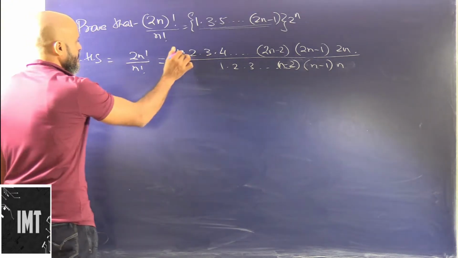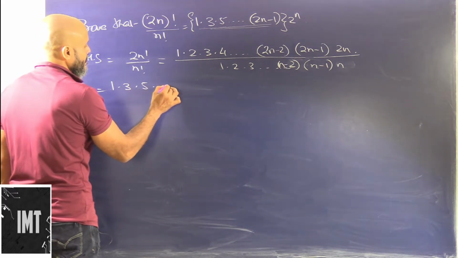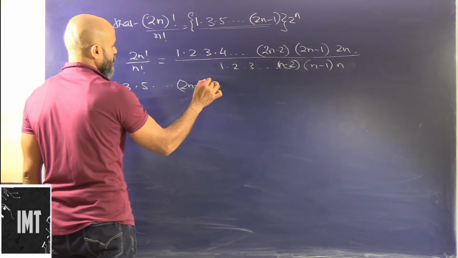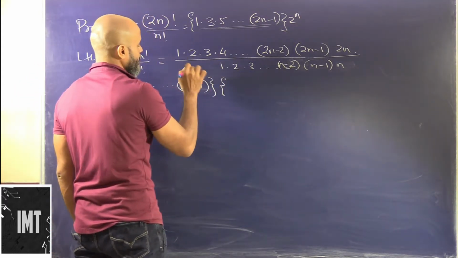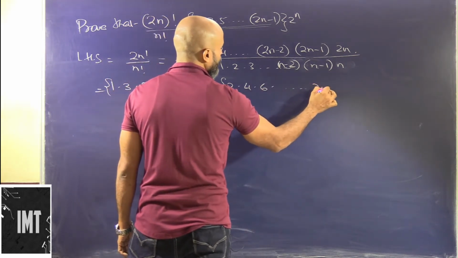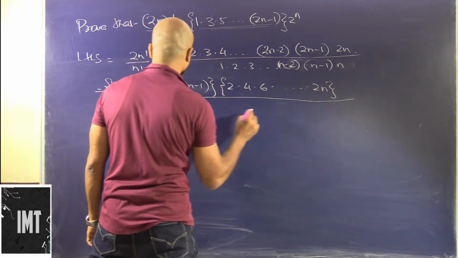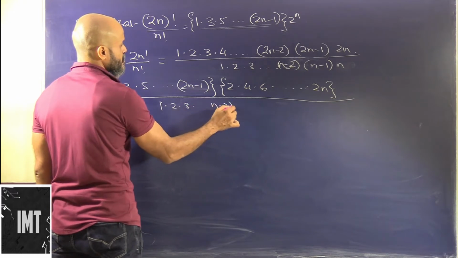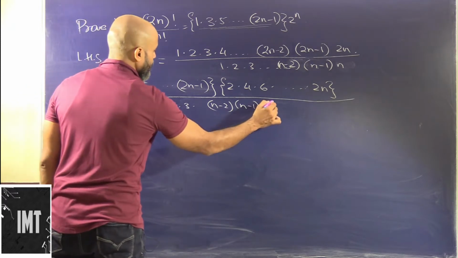So if I segregate the odd and even here, 1 3 5 till 2n minus 1, and we have here the even ones, 2 4 6 till 2n, upon 1 2 3 up to n minus 2, n minus 1, n.